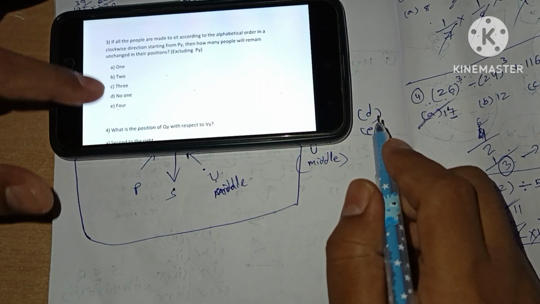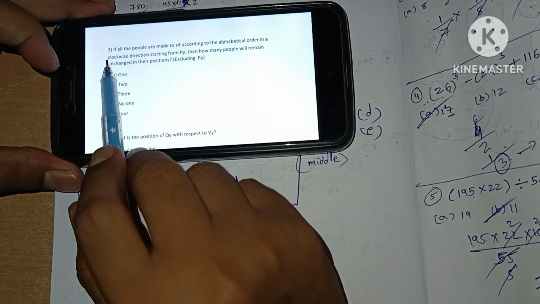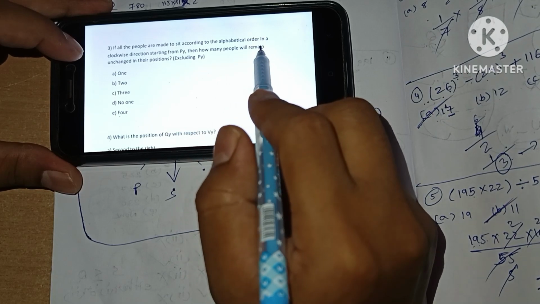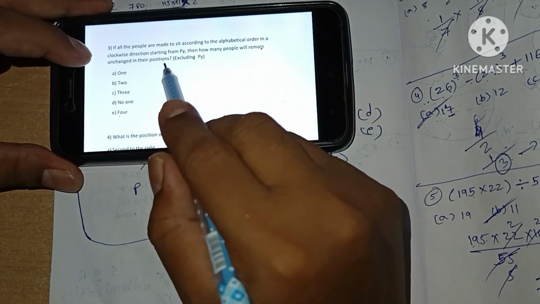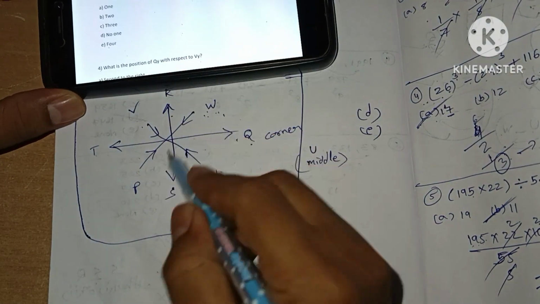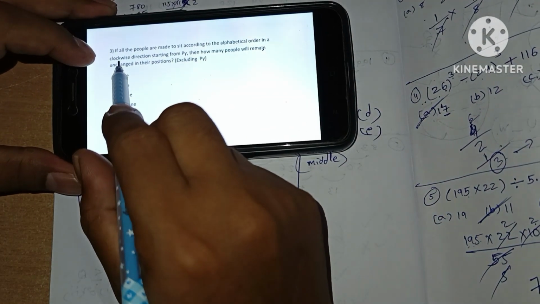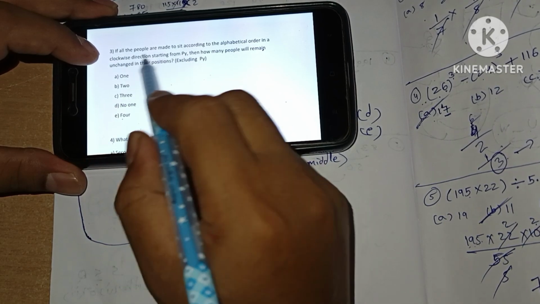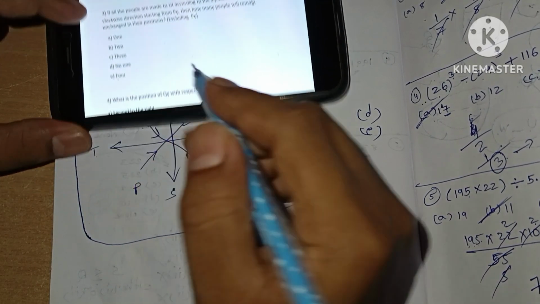For question number 3, it is asked about if all the people are made to sit according to alphabetical order. For this type of question, we need to change the direction according to the question asked. Here it is asked starting from P in clockwise direction.